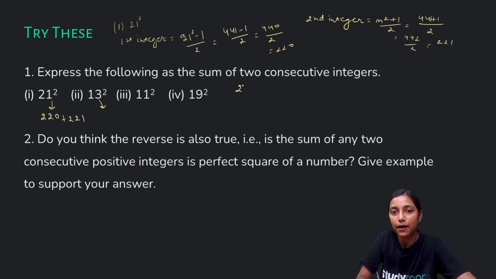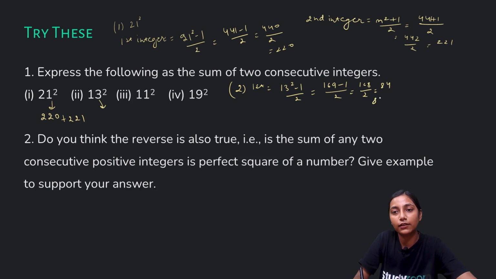Similarly for 13, I will do now 13 square. For the second part, that is 13 square, the first one will be equal to (13 square minus 1) by 2, writing it directly. 13 square is 169. Therefore, 169 minus 1 upon 2 is equal to 168 by 2. You can write it as 84.